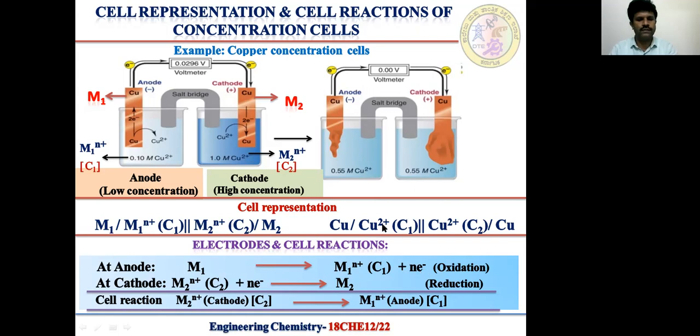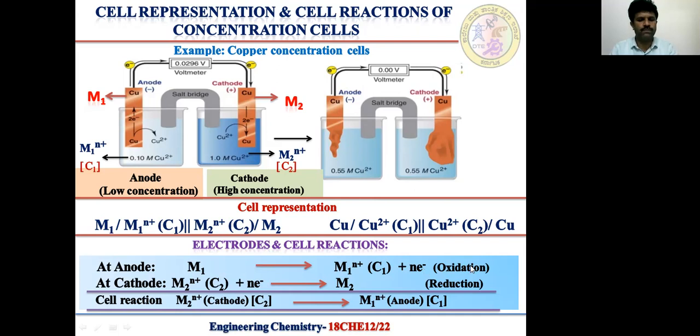So if I consider the copper concentration cell, at the anode, copper Cu undergoes oxidation and gives Cu2+ ions in electrolyte of concentration C1 plus 2 electrons.